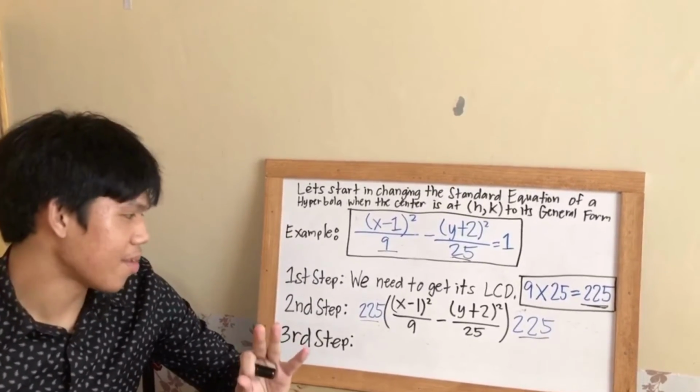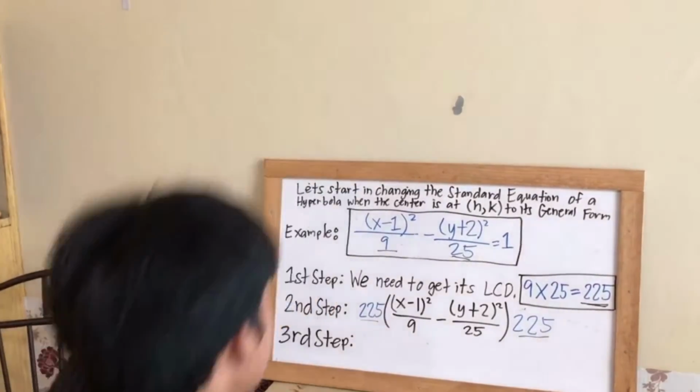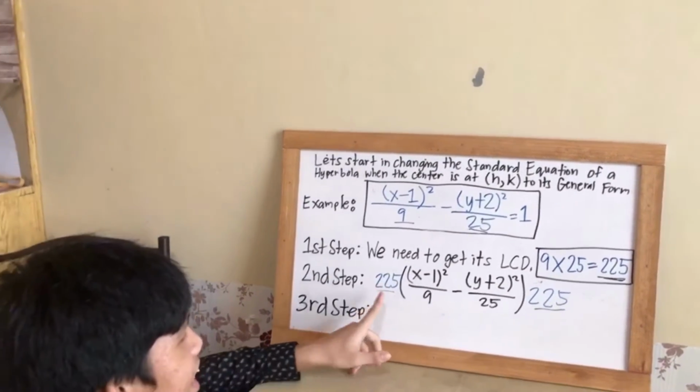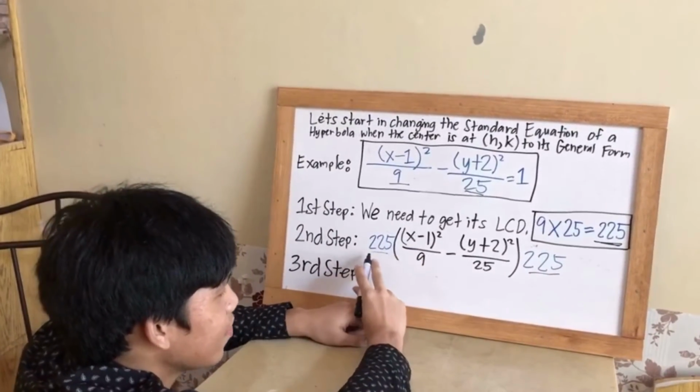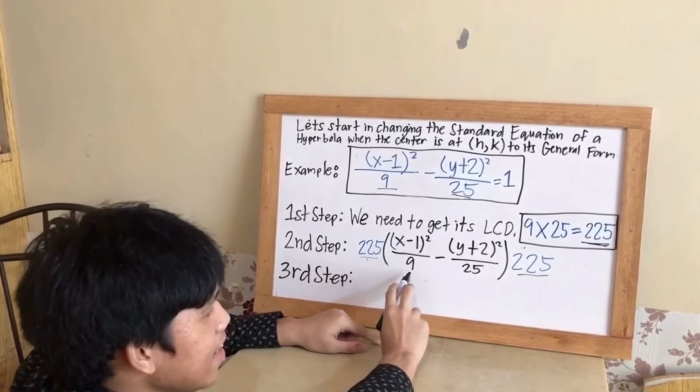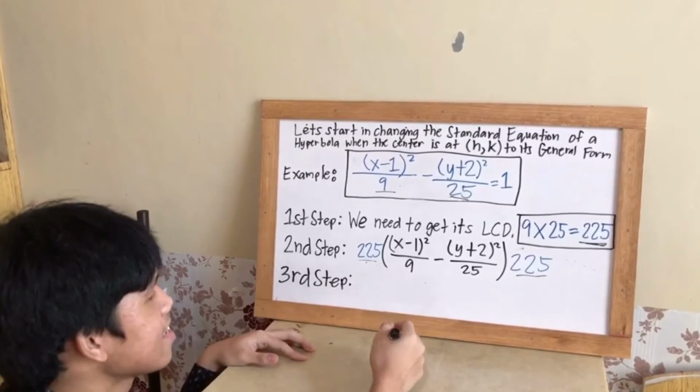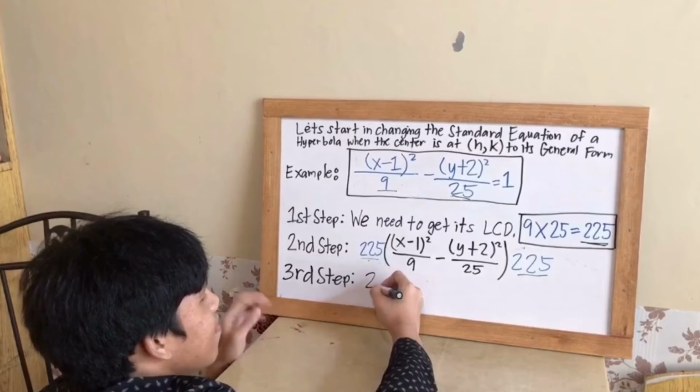In the third step, we have to divide the LCD 225 by the denominator, which is 25.